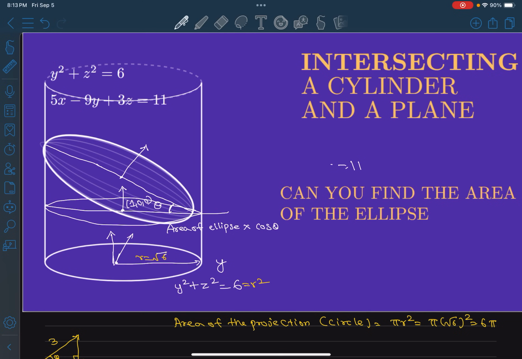So basically just in the x direction I'm having 1 and all the others 0. Because there's nothing in y or z, only in x for this normal. And for this normal, because it is normal to a plane, I can just use these numbers 5, minus 9, 3, and that will be the normal. That's how this plane is defined, as this dot product with x, y, z equals 11. This is how you define equations of a plane, right?